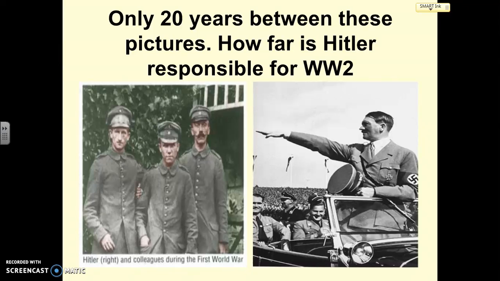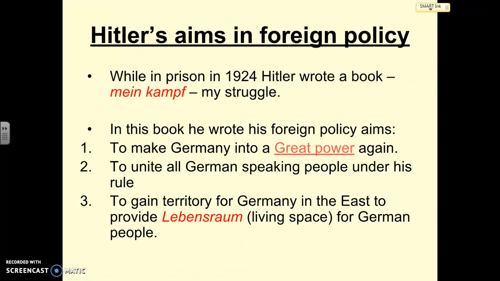You'll find a number of historians that will argue that he is completely and totally responsible for World War II. A lot of it has to do with his experiences in World War I, and we'll talk about this a little more as we move on. So Hitler is very much responsible for World War II. In fact, a lot of people will tell you that he is completely responsible.